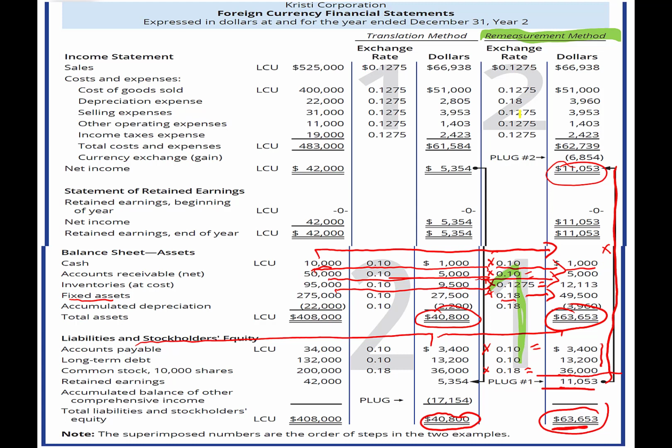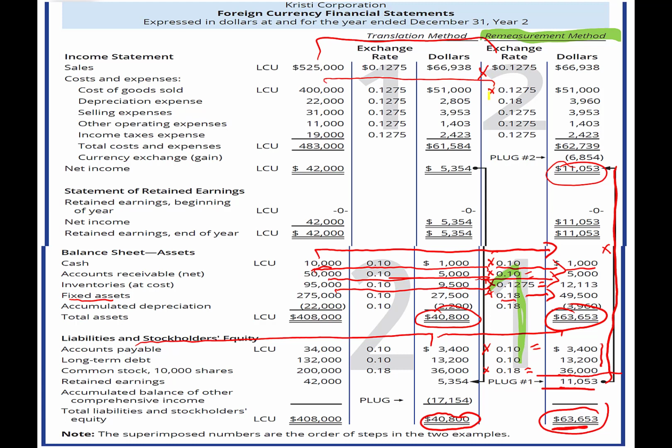Now we go ahead and we remeasure the income statement items. And for income statement items, if it was not a balance sheet related item, we simply use the weighted average. Okay, so we use that for sales. If it was a balance sheet related item, but the balance sheet related item was acquired evenly throughout the year, and that's usually the case for inventory, right?